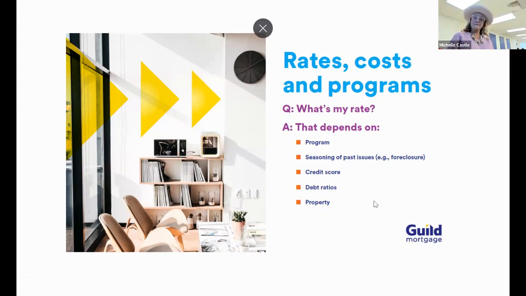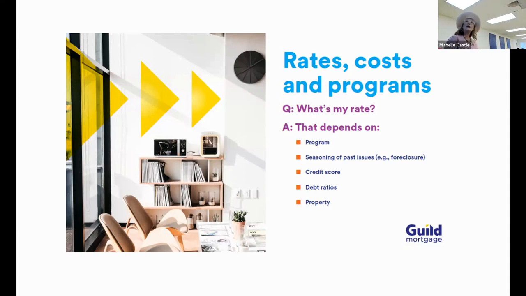All right, now, just like we talked, people cannot really go shop the rate because the things that affect the rate are so many different factors. And unless a lender is looking at the entire profile, they're going to be missing some of the information. They're just throwing numbers out there.